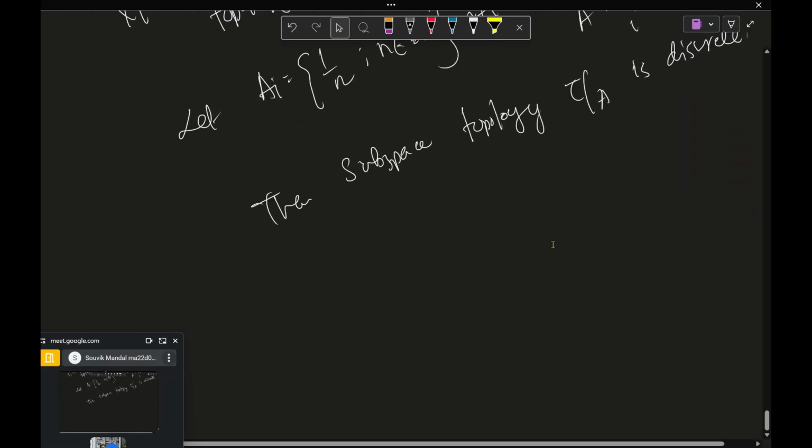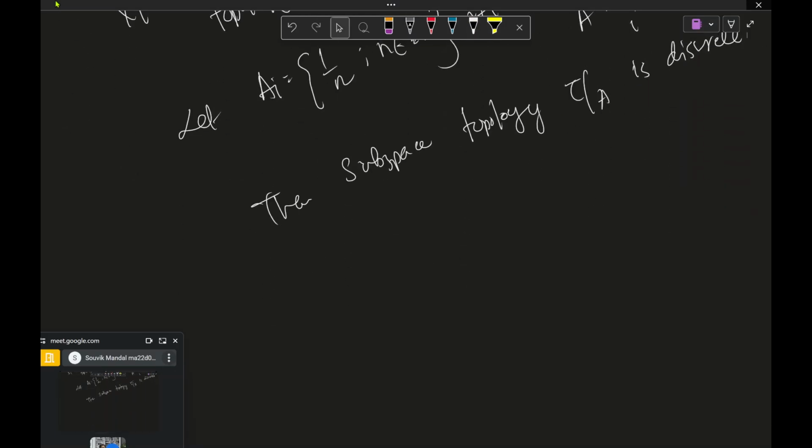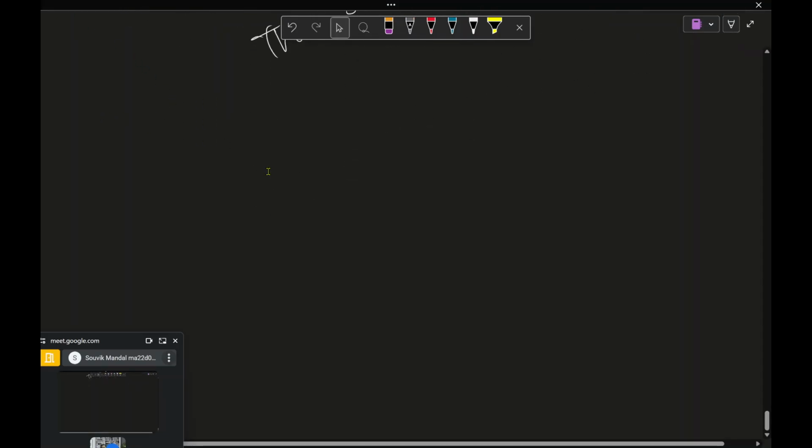Okay, so let's look at the solution given in the manual. The solution goes as follows.